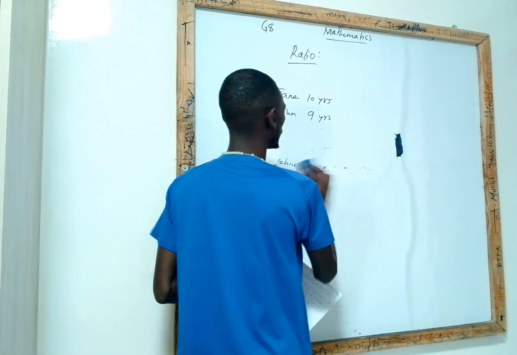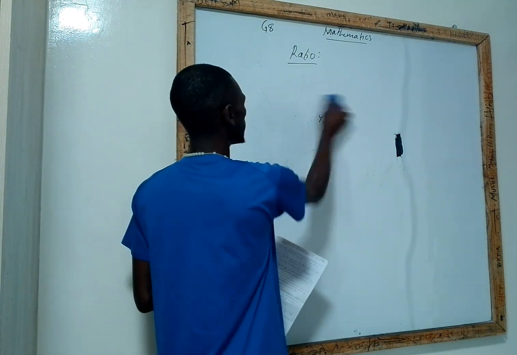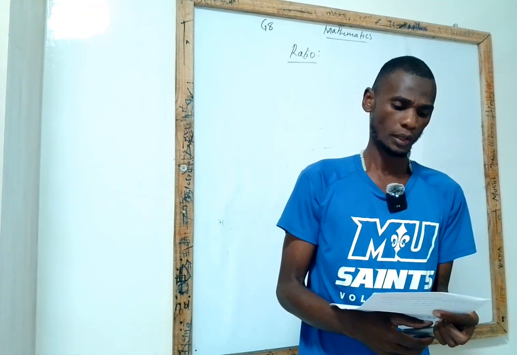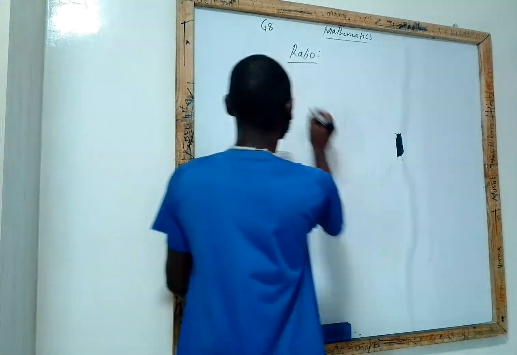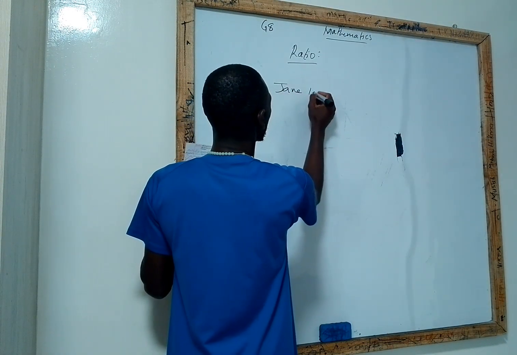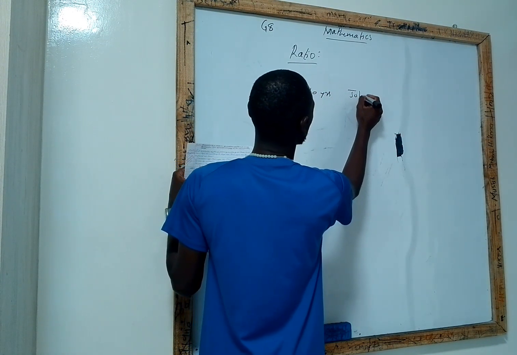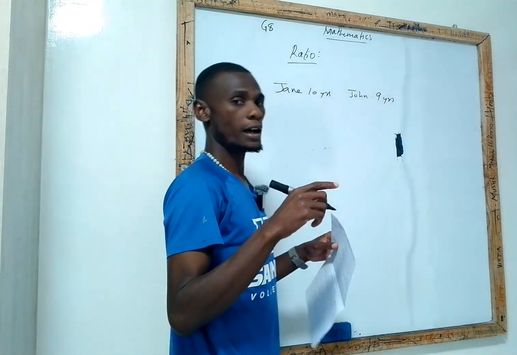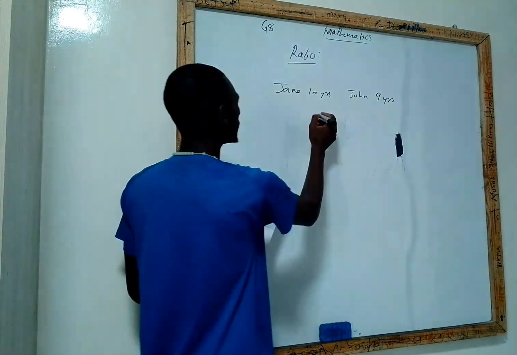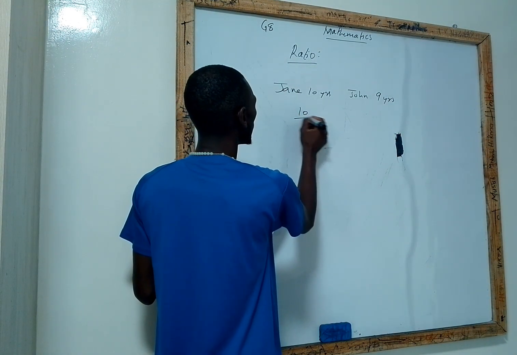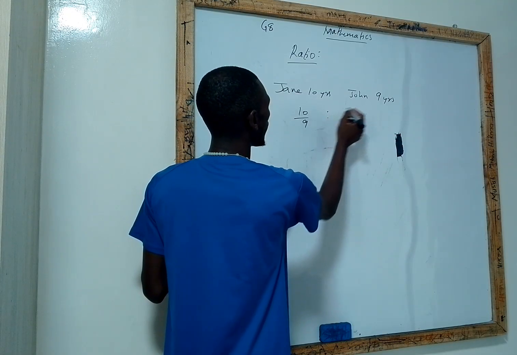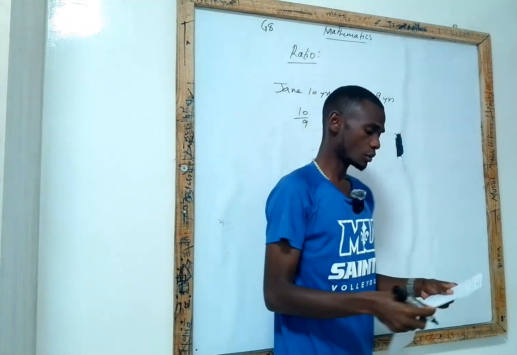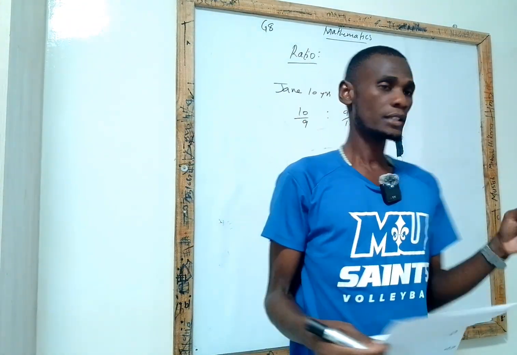For example, if you have the two people that you have used, Jane, 10 years, and John, 9 years, as a fraction, you will have Jane's age will be 10 over 9. John's age will be 9 over 10. So if you are told to express their ages, this is fraction.